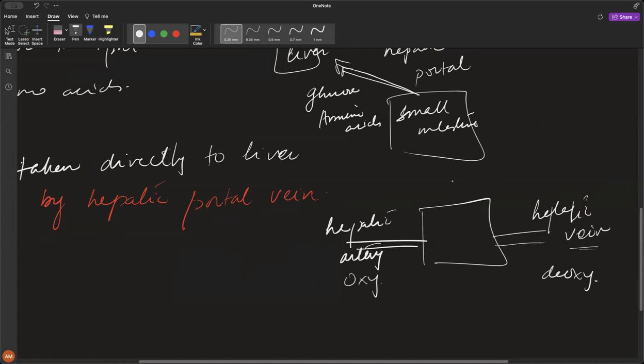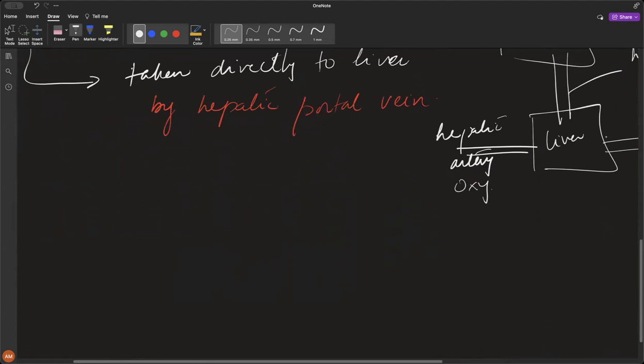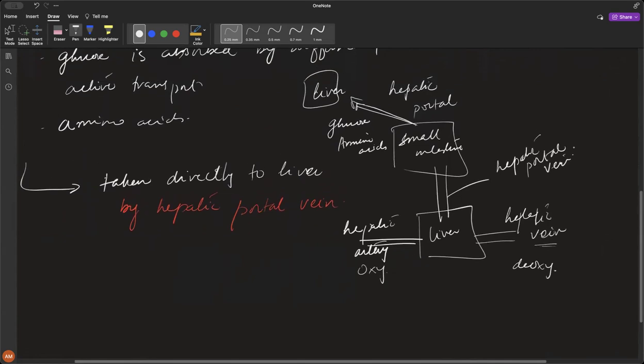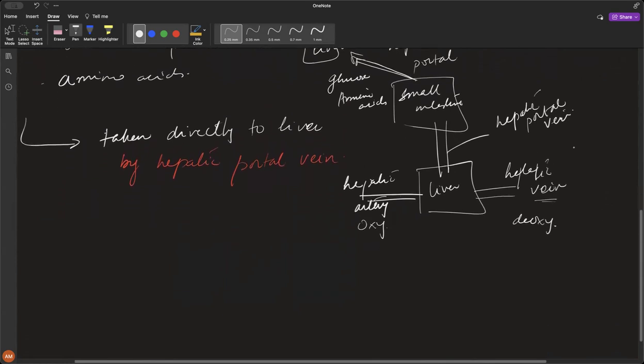And then there is something directly connected from small intestine to liver, which is called the hepatic portal vein. It's a portal vein, it's not a simple vein. Is this clear? Okay. This is the transport. Then the glucose is going to be transported all around the body in the form of glycogen or whatever it is.